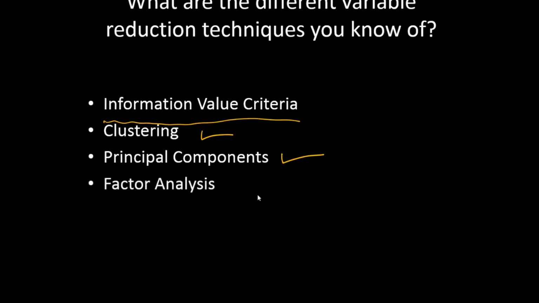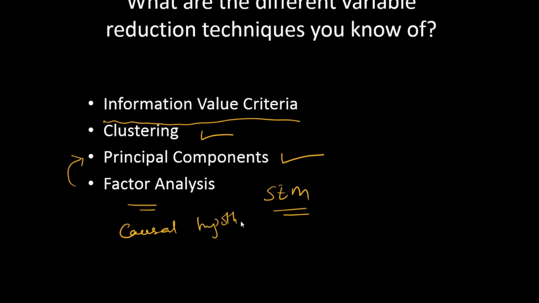Then comes factor analysis. Factor analysis is related to a set of modeling techniques known as structural equation modeling, which finds out the relationship between different factors. So factor analysis is very similar to principal component analysis, except the fact that factor analysis is used only when you have a causal hypothesis to be tested.